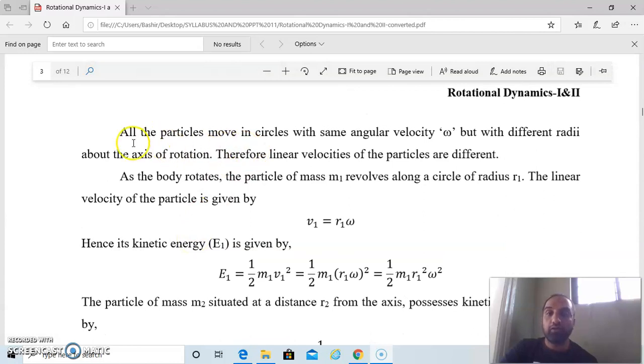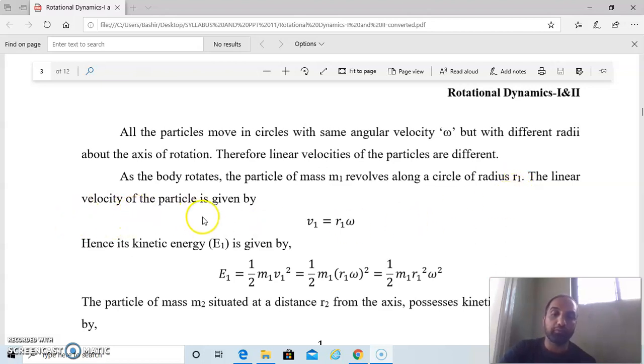Now all the particles are moving in circular paths with the same angular velocity but with different radii about the axis of rotation. So the linear velocities of the particles are different. First we find the linear velocity of the first particle. Suppose the first particle of mass m1 revolves along a circular path of radius r1, the distance of that particle from the axis of rotation.